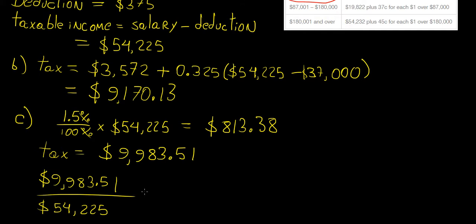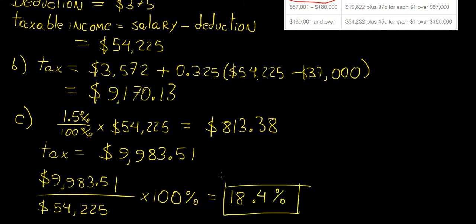Doing it this way would give us a decimal, but we want it as a percentage, so we're going to multiply this by 100%. Now we simply divide to get the following. That comes down to around 18.4%. So basically, about 18.4% of his income is going to be deducted in taxes.